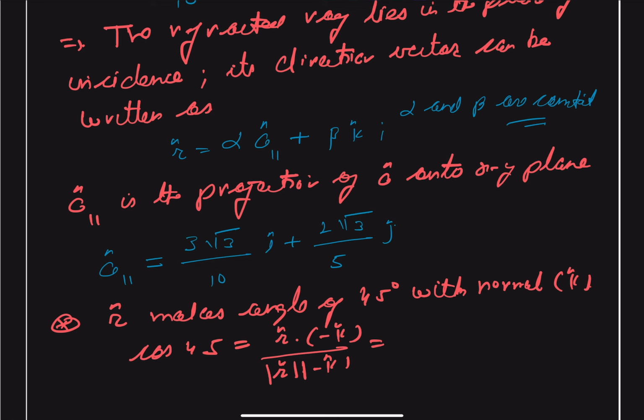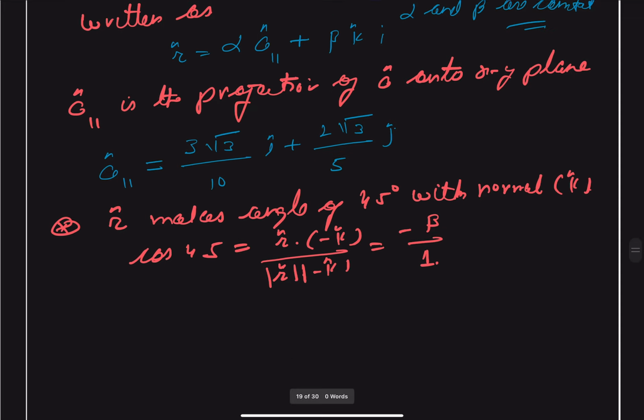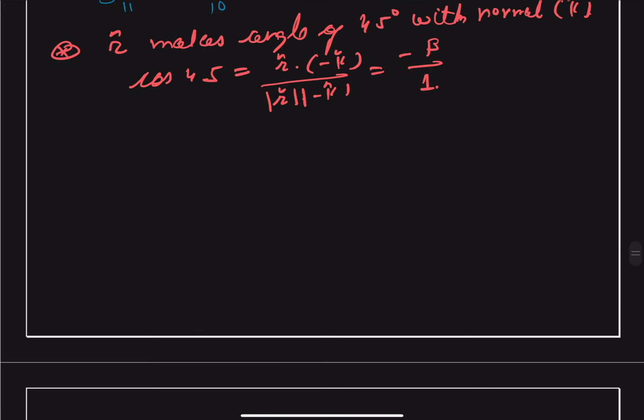So this will be coming as minus beta divided by 1, and cos of 45 is 1 by square root of 2. Therefore, we can write beta as minus 1 by square root of 2, or we can also write it as minus square root of 2 divided by 2.